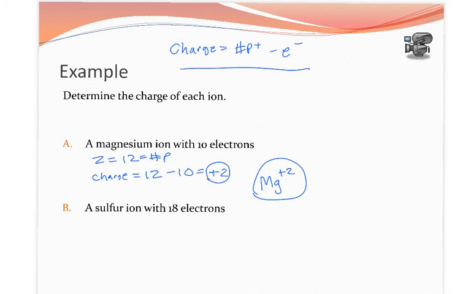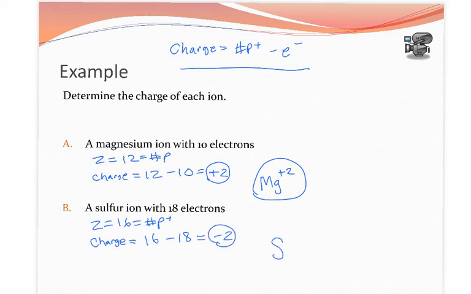A sulfur ion with 18 electrons. Sulfur has a chemical symbol S. It has an atomic number of 16, and so it has 16 protons. Now we plug that in, and we find that 16 protons minus the number of electrons that we're given, which is 18, gives us a negative 2.